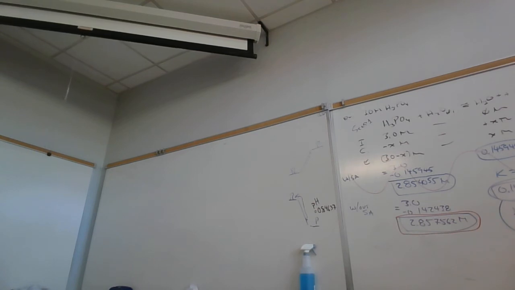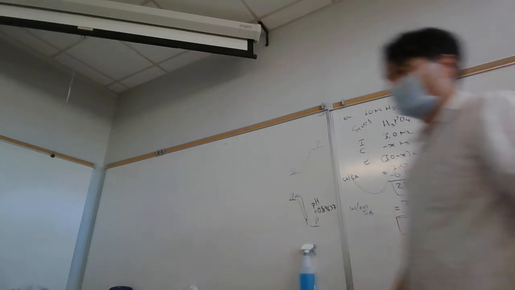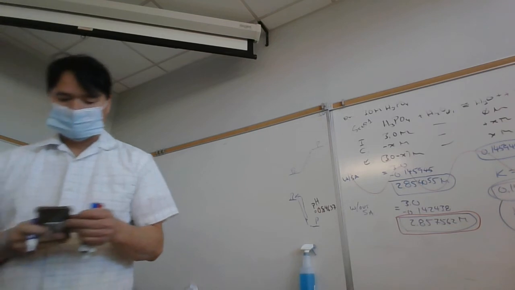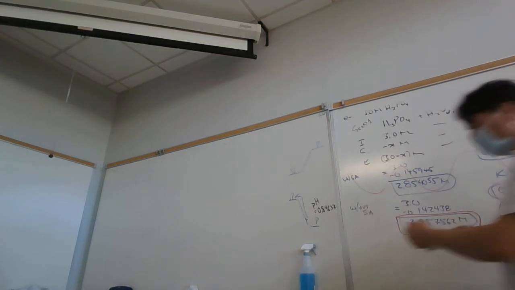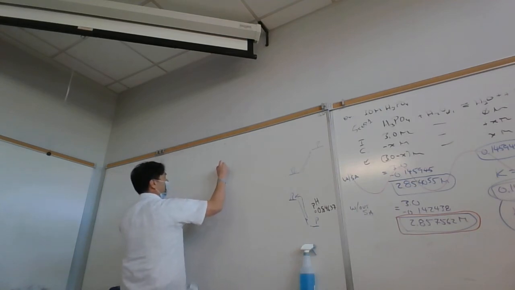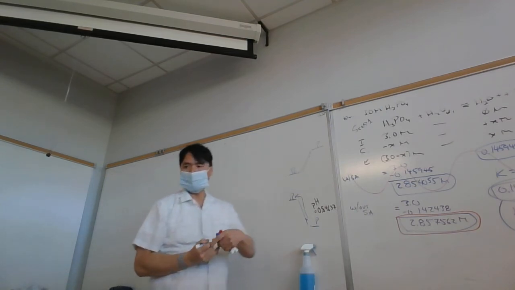We're going to have 6.3 times 10 to the minus 8 times 0.142438. What does that come out to? 6.3 times 10 to the minus 8 times 0.142438 is 8.973 times 10 to the minus 9. Let's just do this over here to try to minimize round-off error.